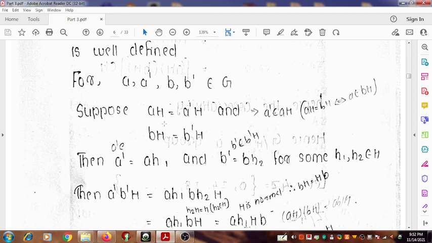If H equals a prime H, you should remember that it implies that a prime is an element of H and a is an element of a prime H. That also is true: a is an element of a prime H, and a prime is an element of aH. Why?